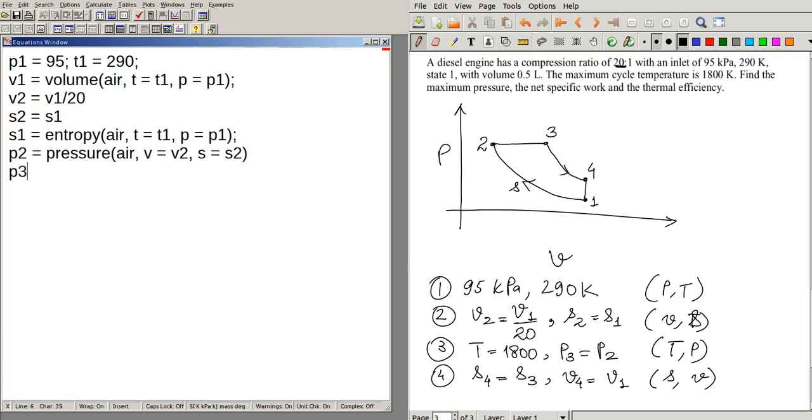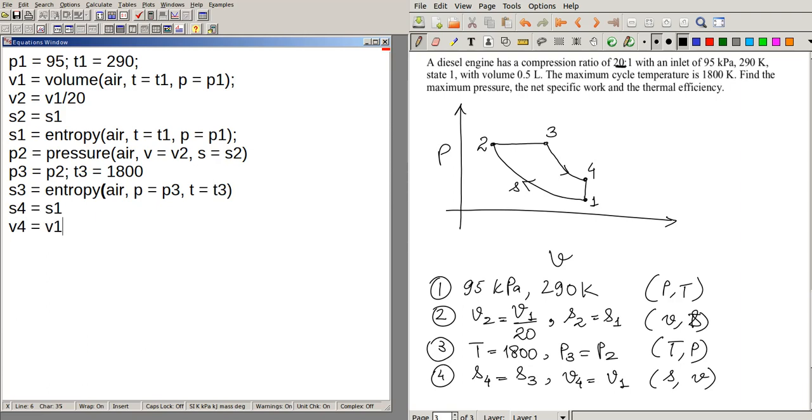So P3 will also be equal to P2, and T3 will be equal to 1800 Kelvin. Then S3 will be the entropy of air at P equal to P3 and T equal to T3, and S4 will be equal to S1, V4 will be equal to V1.